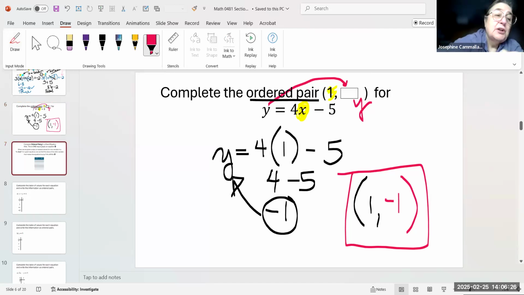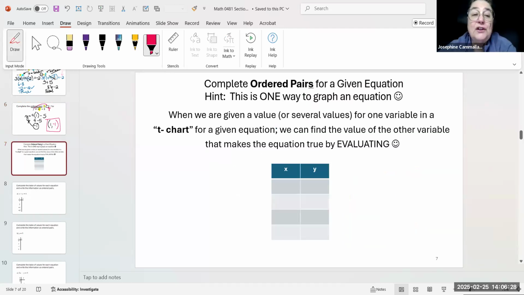Well, the first tool we're going to talk about is called the T-chart. Now, this is what it looks like. We have the X in the first column, because if you think about alphabet, X comes before Y, and Y is my second one. Now, you're going to notice that I have 4 entries in this table.